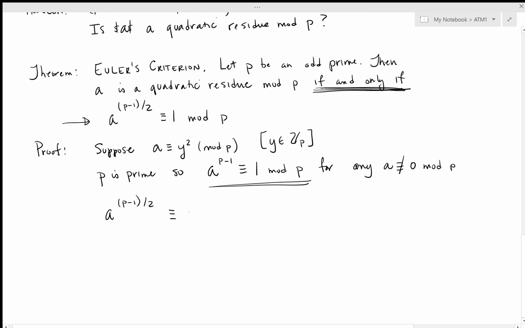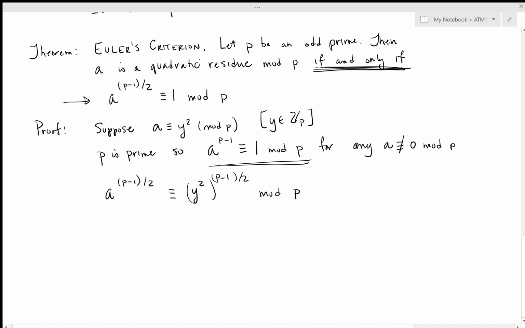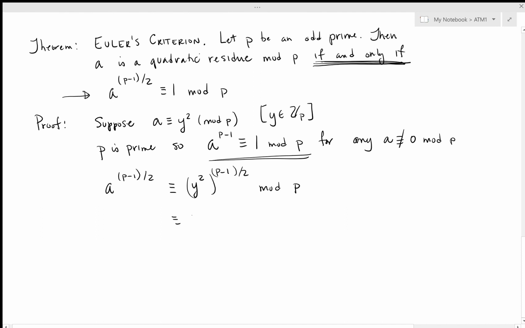A is y squared, because I assumed that A is a quadratic residue, so A is y squared mod P. So I'm replacing A with y squared, and then I have that same exponent there, (P minus 1)/2 mod P. And then that is congruent to y to the P minus 1 mod P. And then what is that equal to? That is congruent to 1 mod P.